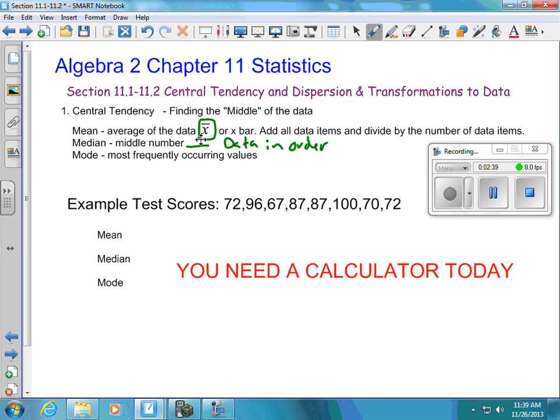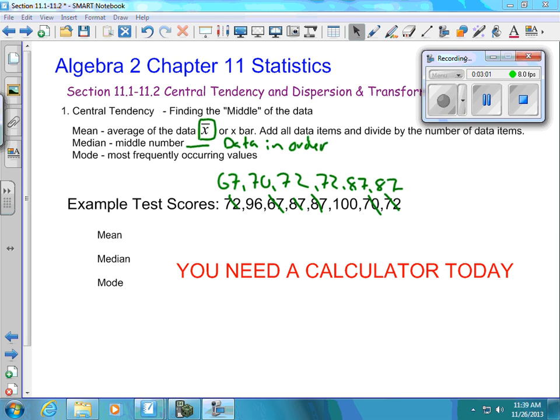So we're going to put these numbers in order. 67, I'm just going to cross them out as I go. 72 occurs once, and then it occurs again. And then we have 87 occurring twice. And then we have 96 and 100.